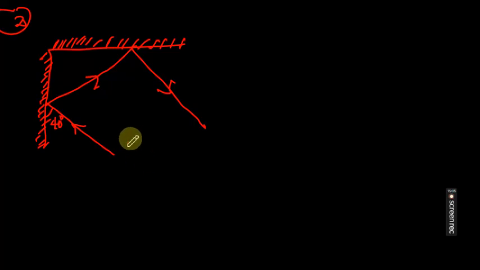This part is called N, this is called Q, and this point is called P, while we have this point as O, and this is 90.